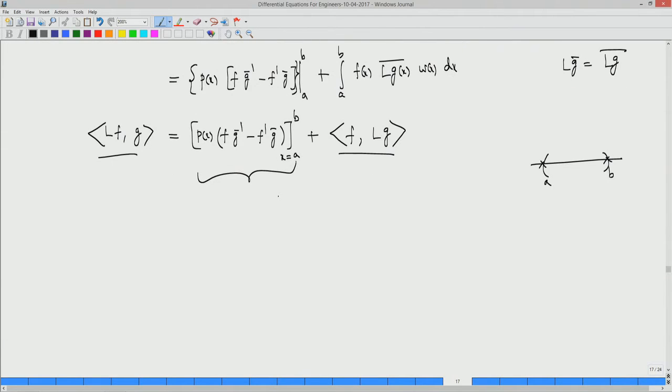So, let us start with the regular Sturm-Liouville system. There are different cases; different boundary conditions will give you different Sturm-Liouville problems.